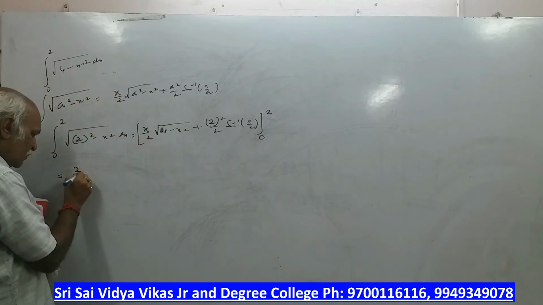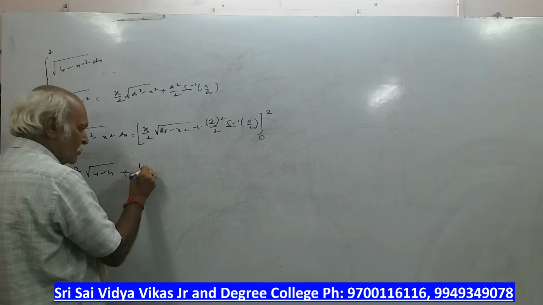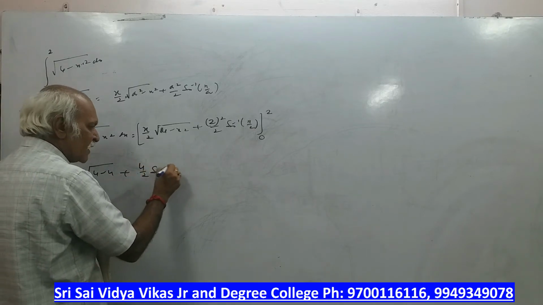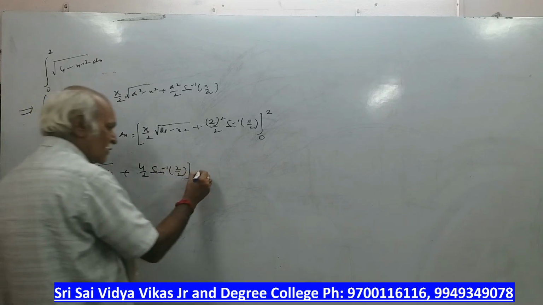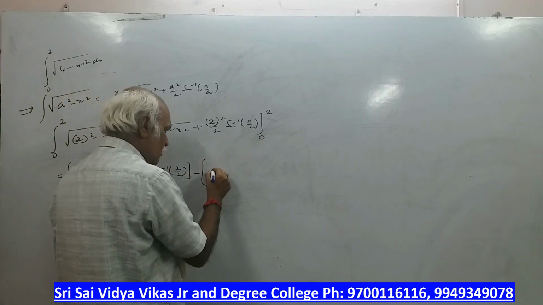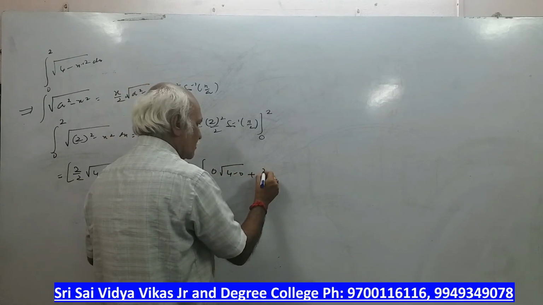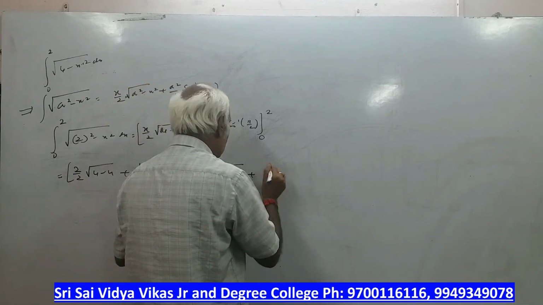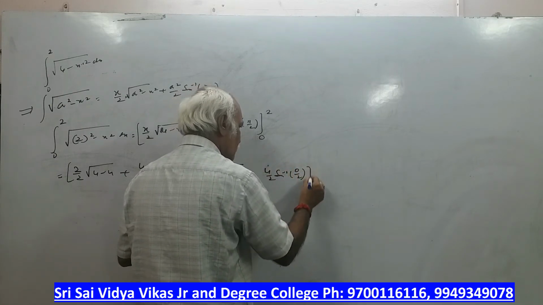What is the upper limit? 2 by 2 root of 4 minus 4 plus 4 by 2 sin inverse 2 by 2. Okay, minus lower limit, 0 into root of 4 minus 0 plus 4 by 2 sin inverse 0 by 2.